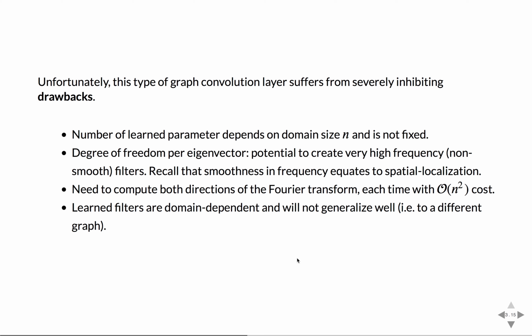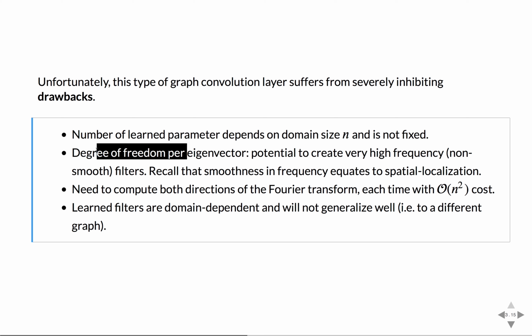Which, if you recall, relates to non-localized in space. So again, it's not exactly what we want when we define convolution layers. So the fact that you actually have a complete degree of freedom for each eigenvector will allow you to really insert some high frequencies into your filter and make it non-smooth.